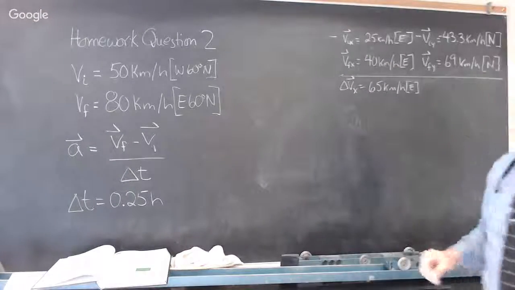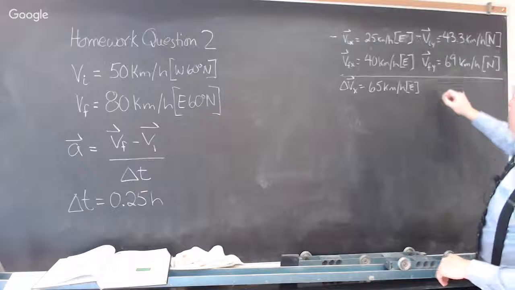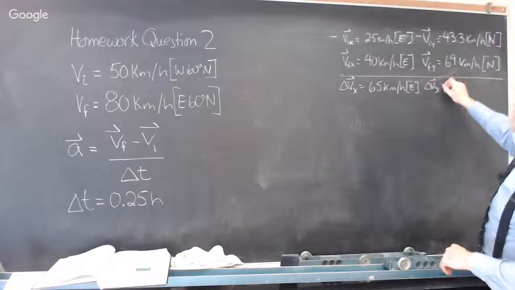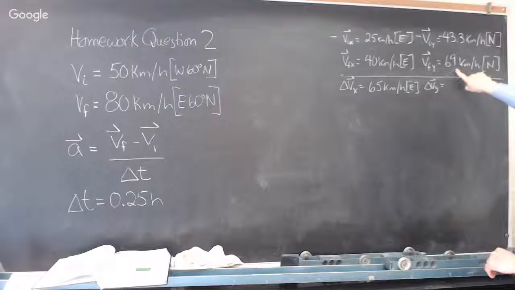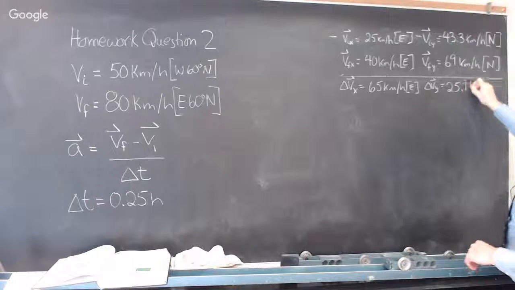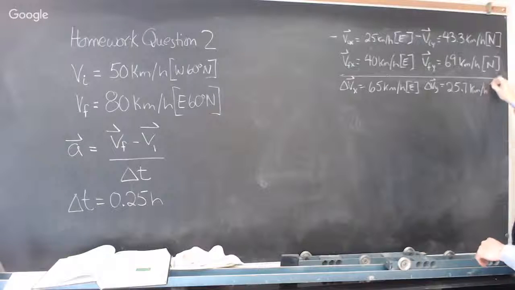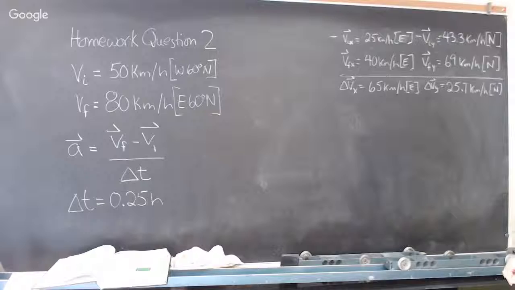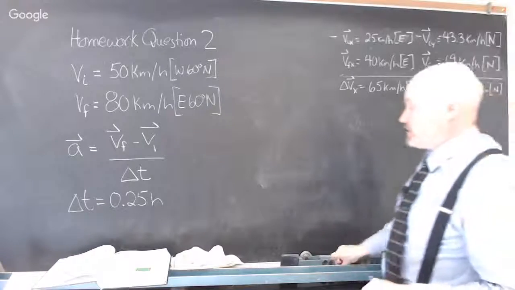So yes, this makes sense. Okay. And then delta Vy, negative 43.3 plus 69. And this is going to be 25.7 kilometers an hour north. Okay. So there are my two delta V's.